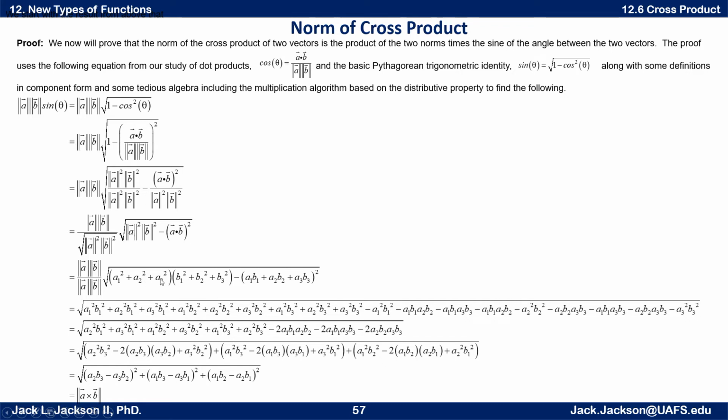So it's A1 squared times B1 squared, A2 squared times B1 squared, A3 squared times B1 squared. And then multiply each one of these by B2 squared. That gives you A1 squared B2 squared, A2 squared B2 squared, and A3 squared B2 squared. Plus, then do the same thing for the third one. This has your A1, A2, and A3 squared each times B3 squared. All right, that's this first product.